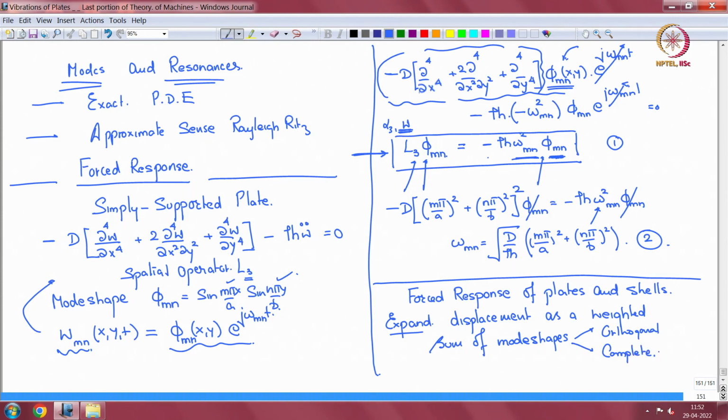Every displacement with all the possible boundary conditions is representable by the mode shapes, and so they form a complete set and they are orthogonal. So now what do we do?